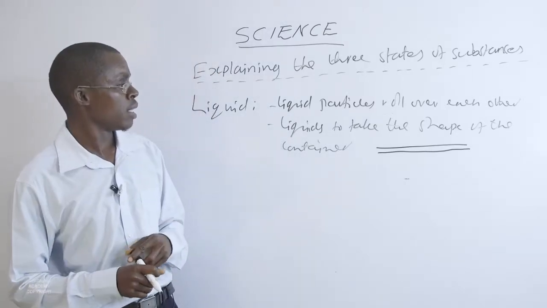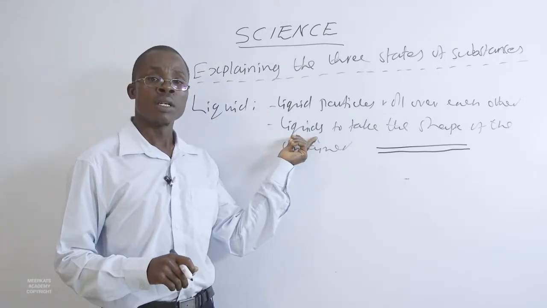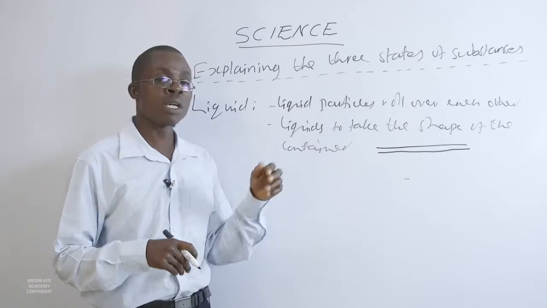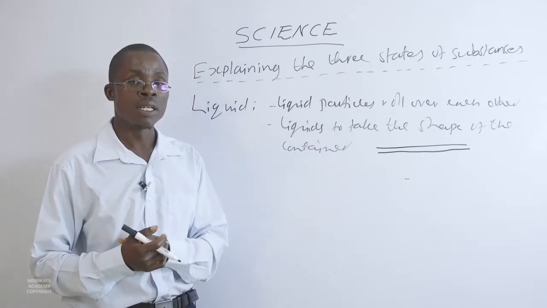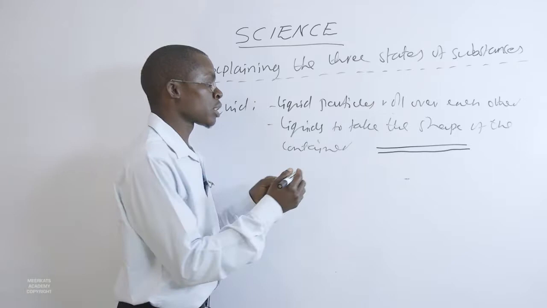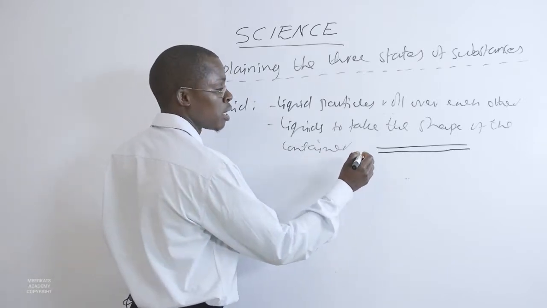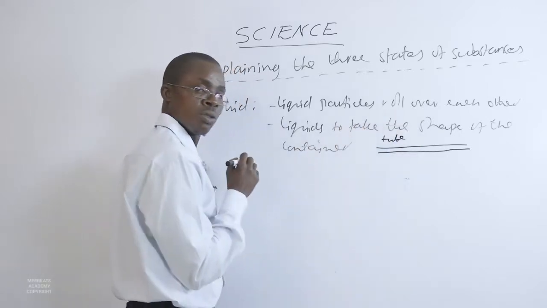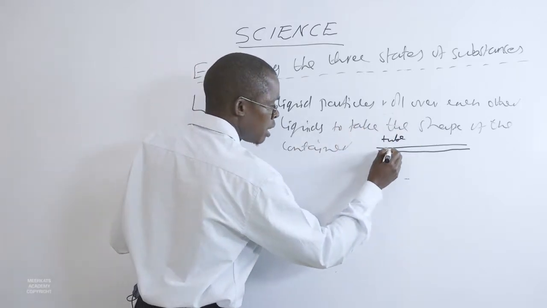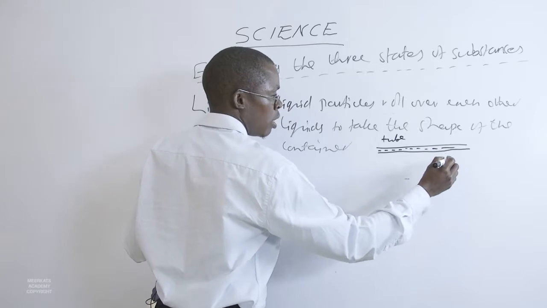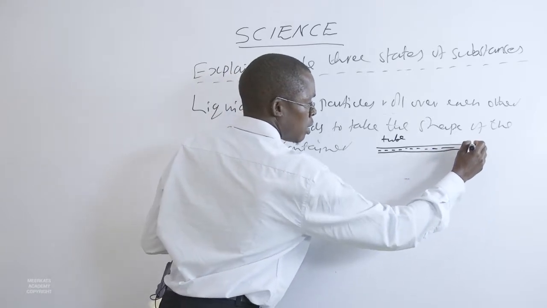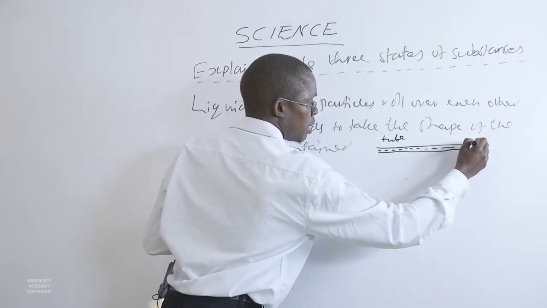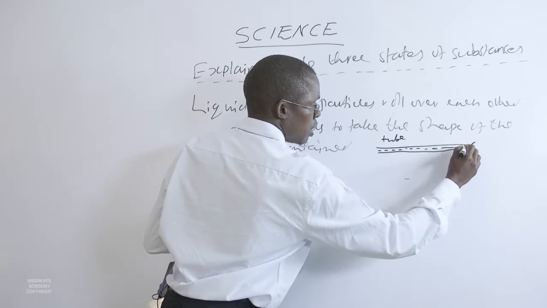Now, looking at a liquid, because of the property of being able to roll over each other, it allows liquid particles to be transmitted through a tube, any kind of tube.